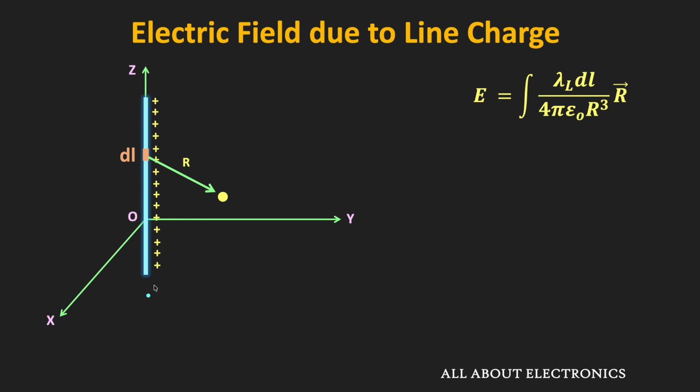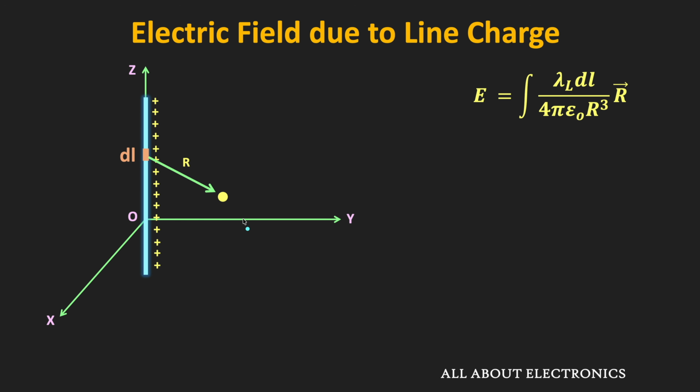Now if you observe, this line charge possesses axial symmetry, due to which we will use the cylindrical coordinate system. Because by keeping the value of z constant, if we rotate around this line charge at a fixed radius, then at all points the electric field intensity will remain the same. So since the line charge possesses axial symmetry, it is better to use the cylindrical coordinate system.